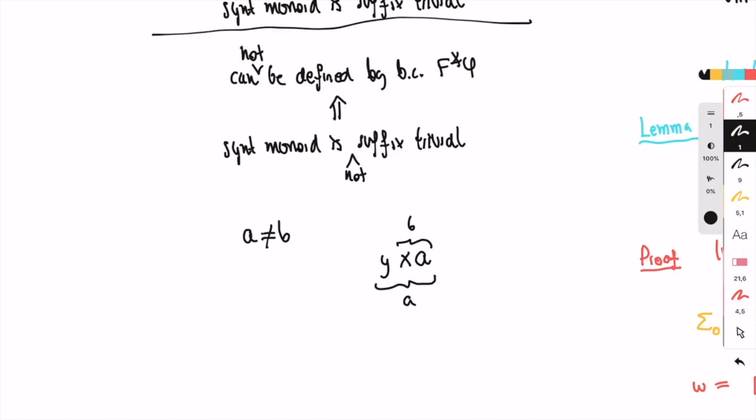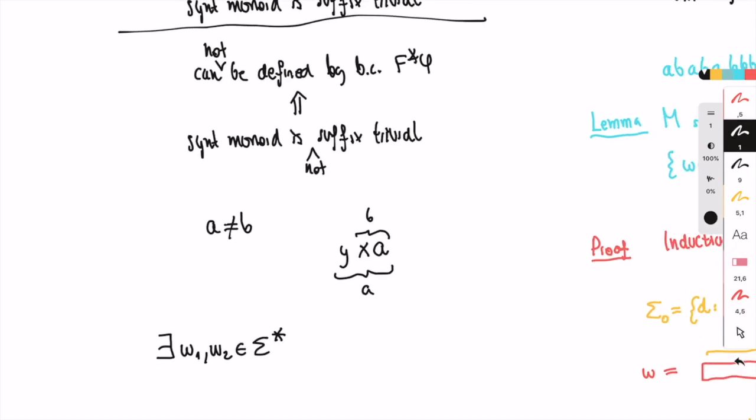So it means that there exists an environment such that if I put in w1, yx, let me even put it like this. This is going to be A, and this is going to be in the language. But if I take B, then it's not in the language.